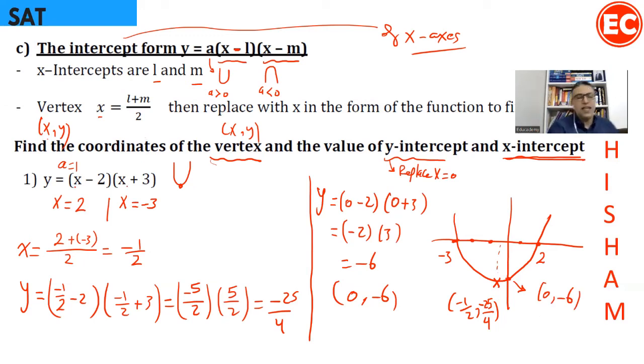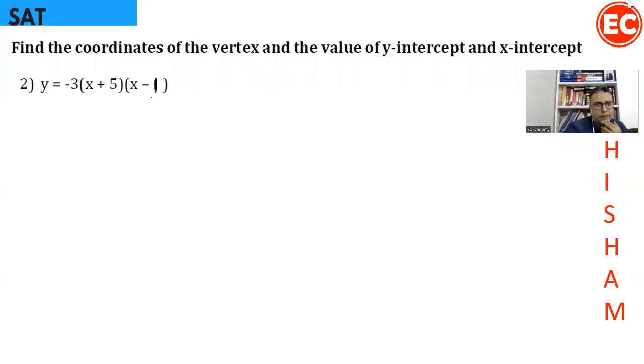So as we can see, I figured out the x and y-intercepts easily by using this form. And this form is called the x-intercept form.